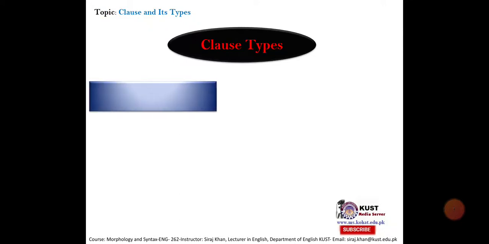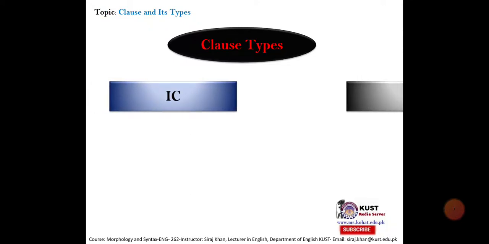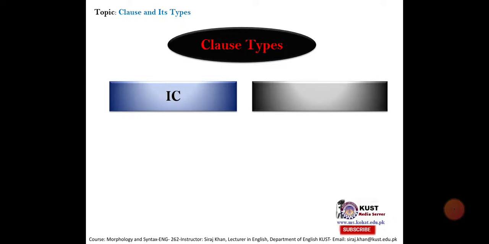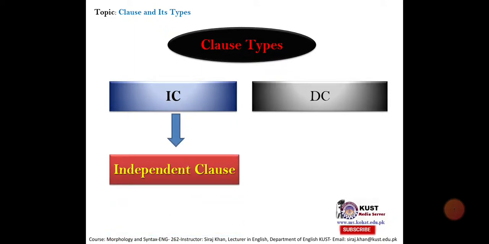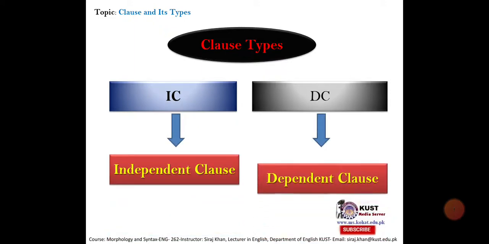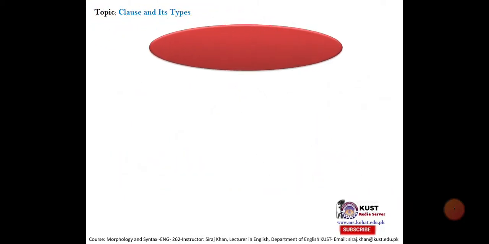Clause types. IC is independent clause, DC is dependent clause. What is a dependent clause? And what is an independent clause?